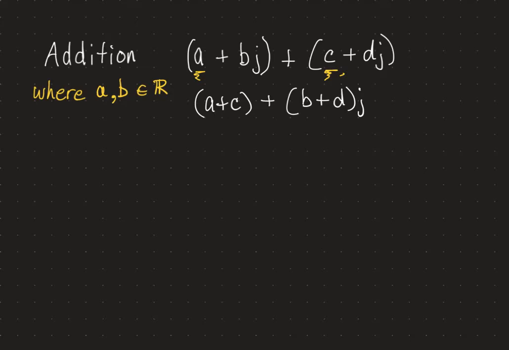Although j is a number, j is equal to the square root of -1. When we are working with it in terms of operations with complex numbers, we treat it much as we would treat a variable or a unit. Now personally, I find it a little awkward doing this type of addition from left to right. I prefer to write it this way, vertically.